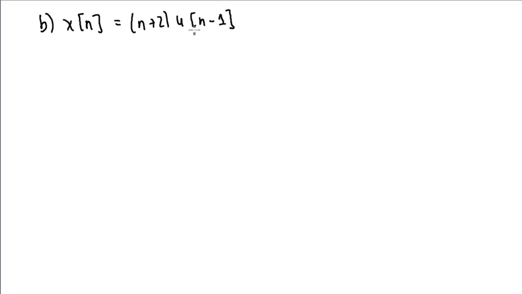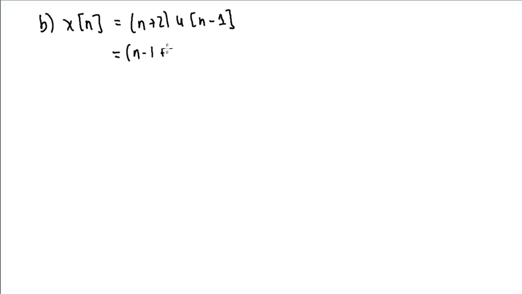Of course, this particular sequence doesn't become non-zero until n equals 1, so it kind of looks like a delayed sequence, but I need to actually force this into the form n minus 1. I need an n minus 1 times u of n minus 1 in order to apply this delay property.